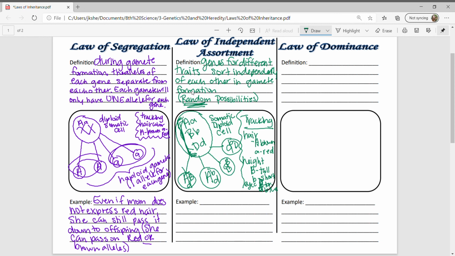So an example of this is, let's say, Dina and her sister both have red hair.